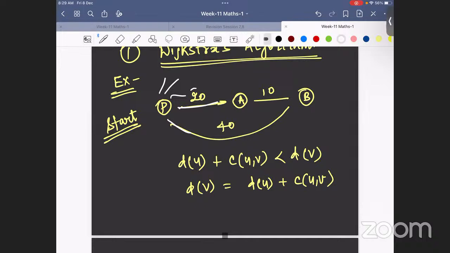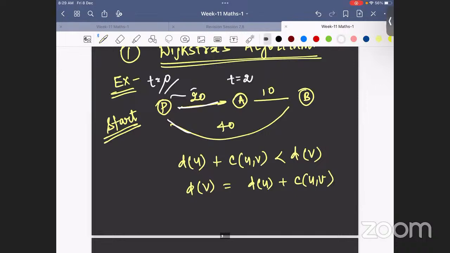If you think from t equals 0 to t equals 20, at t equals 20 the fire has reached A, and now from A the fire starts again.